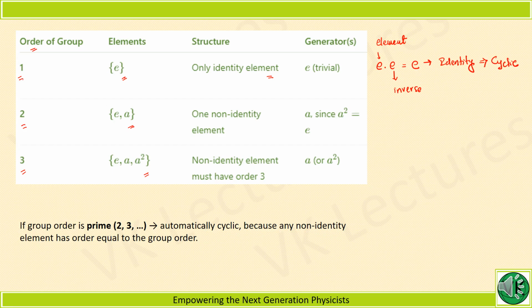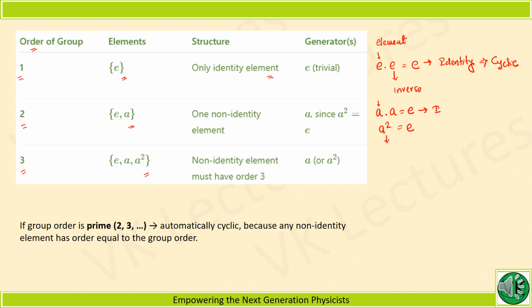Now in the case of e a, you get a into a equal to e, or a square equal to e. The first one is the element. Here you have the identity element, and a itself is the inverse.